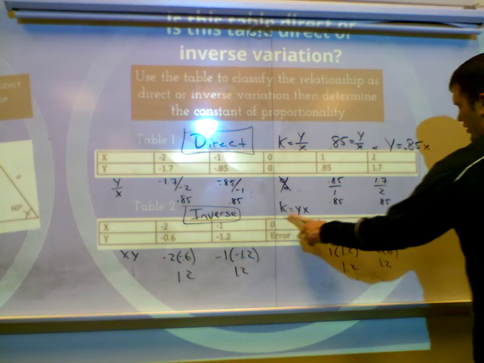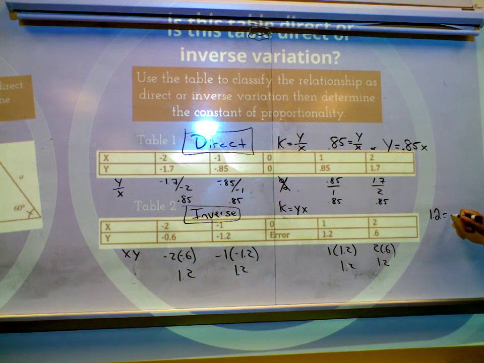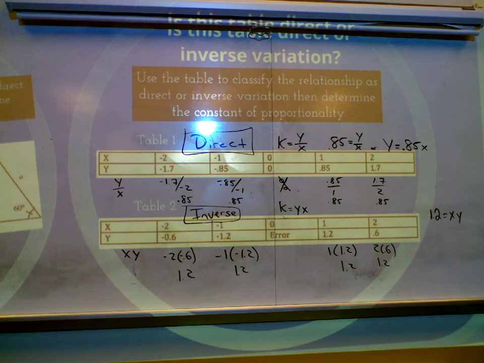We know k is what? 1.2. So we have 1.2 equals xy, right? Or y equals 1.2 over x. So those are my two equivalent equations. Does that make sense, guys?